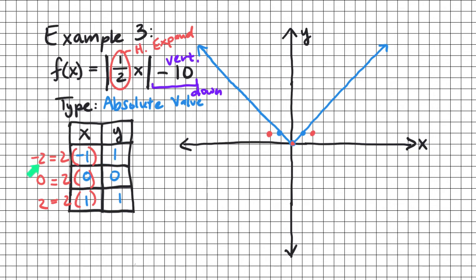So my new x is negative 2, so I'm going to go to the left 2, but my y's stay the same. Okay. And then I'm going to move these red points down 10 units. So 1, 2, 3, 4, 5, 6, 7, 8, 9, 10.